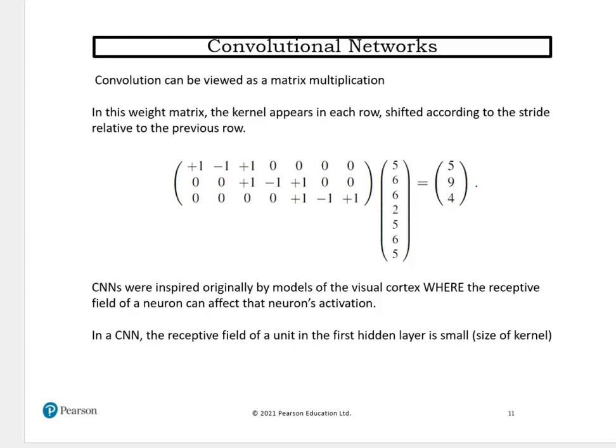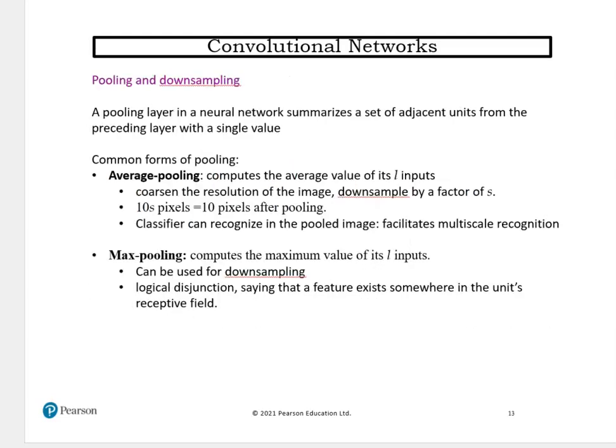So we learned about the kernel. The second characteristic of a convolutional neural network is the pooling layer. A pooling layer in a neural network summarizes a set of adjacent units from the preceding layer with a single value.